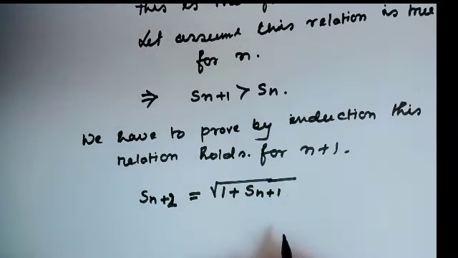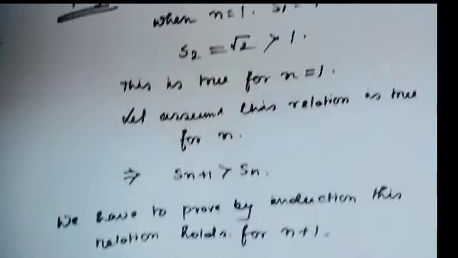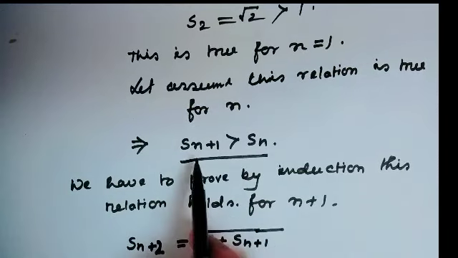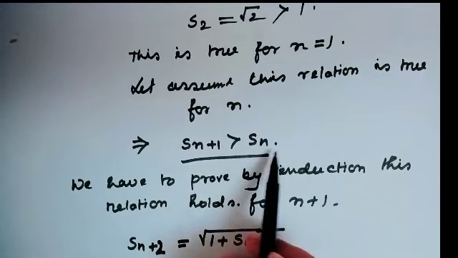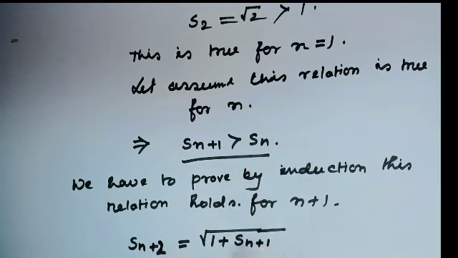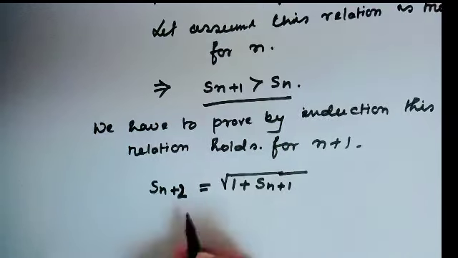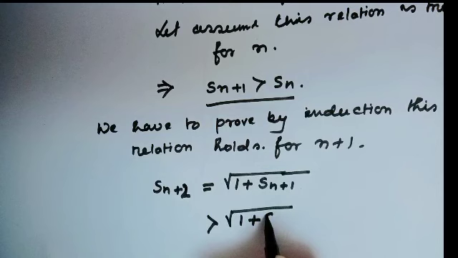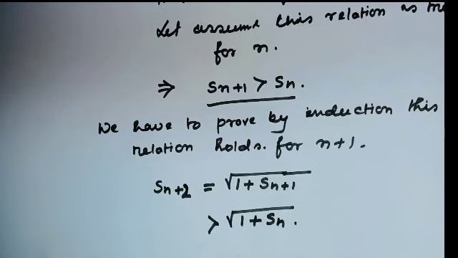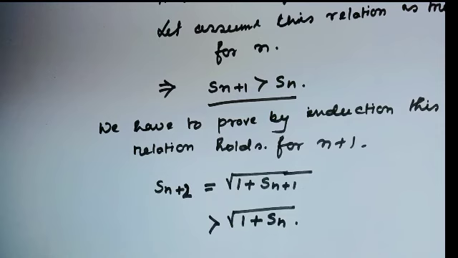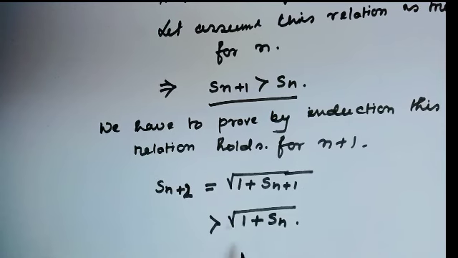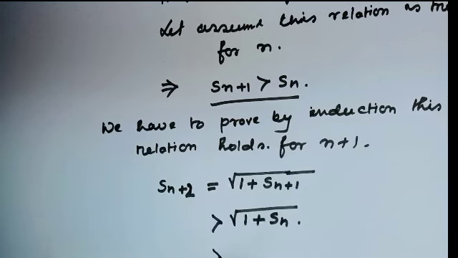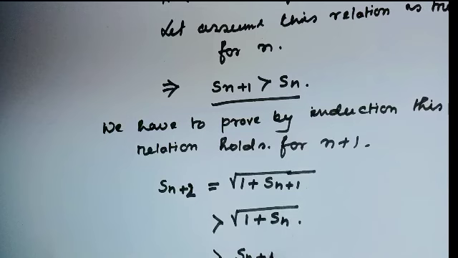Then from this line, since S(n+1) is strictly greater than Sn, as I have assumed, from this line we can write 1 plus S(n+1) strictly greater than 1 plus Sn. And square root of 1 plus Sn means S(n+1).